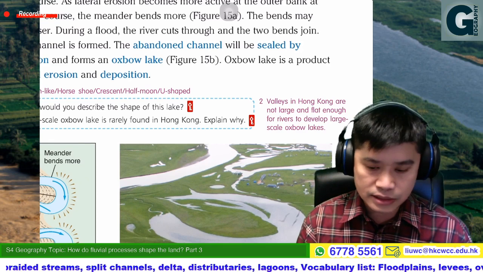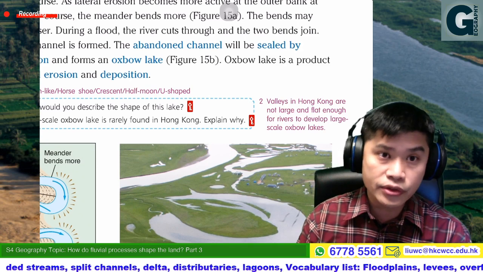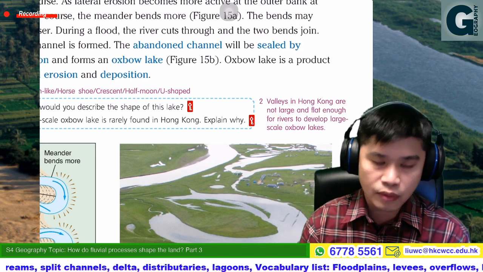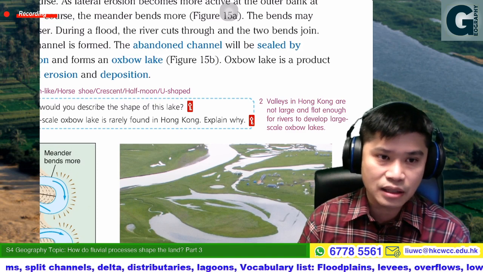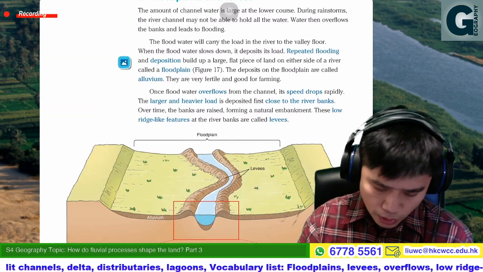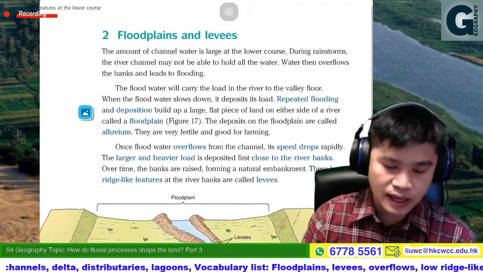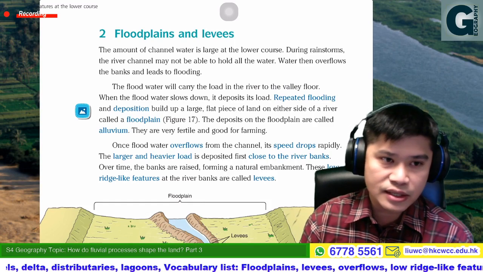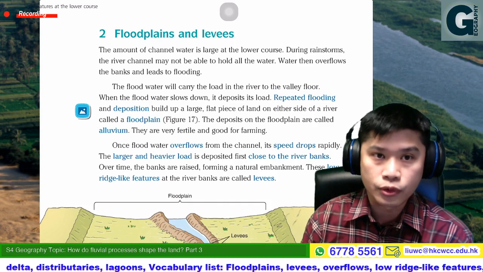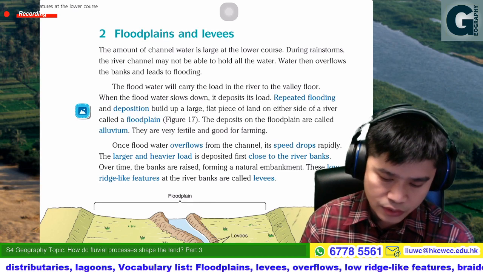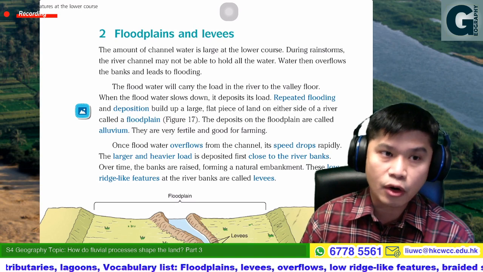And then let's start. What are we going to talk about today? We're going to discuss the formation of other landscapes in the lower course. The first one: floodplain and levees. Floodplain in Chinese we call 泛滥平原. Levees in Chinese, you may understand as something like 河堤.